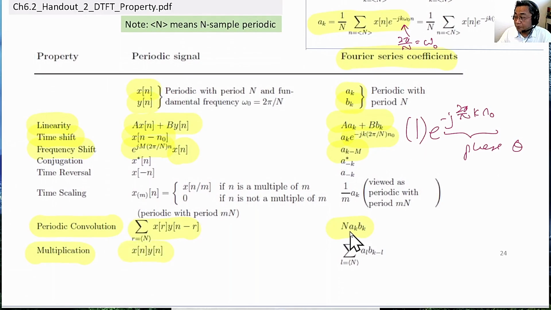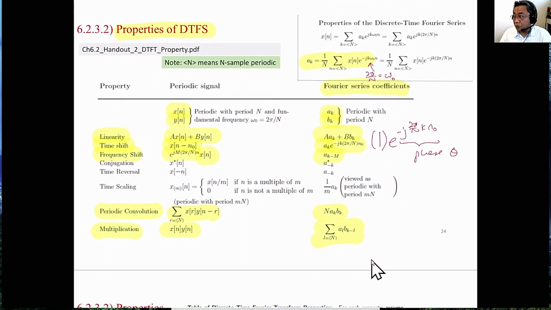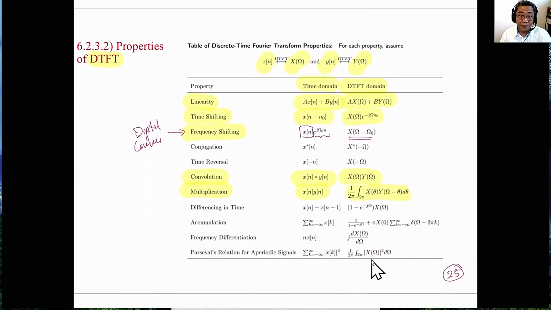Lastly, when we multiply the two sequences, then in the frequency domain, we are actually convolving these two coefficients over here. So the thing to note is that you have to compare the DTFS coefficient properties versus the DTFT properties. You will see that most of them are the same except the convolution.